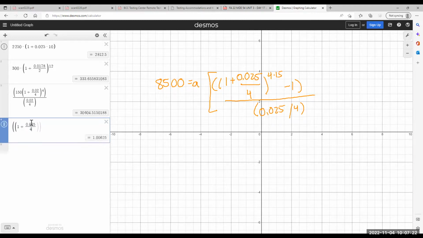Oh, see, that's what happens. You've got to click out. There we go. Raised to the 60th because that's 4 times 15. You can hit enter here. Make sure you've got it. Then we're going to take that answer and divide by 0.025 divided by 4.